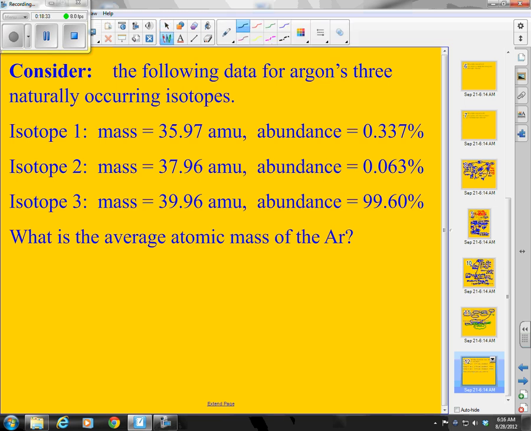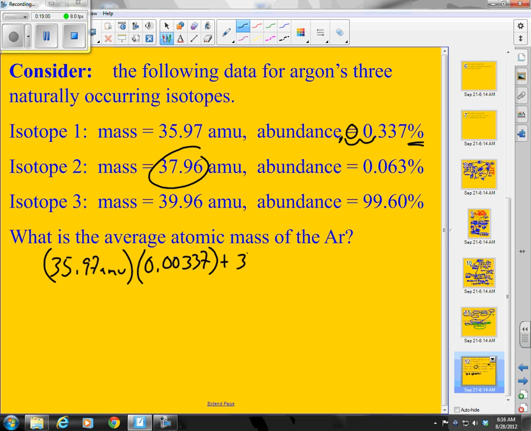I'm going to say mass 1, 35.97 AMU, times abundance 1 as a decimal. So I have to move my decimal point 2 places to the left. So I have 0.00337, plus mass 2, 37.96 AMU, times abundance 2.